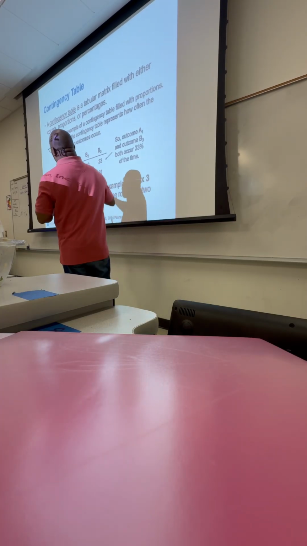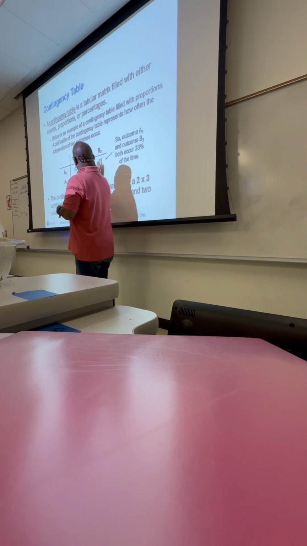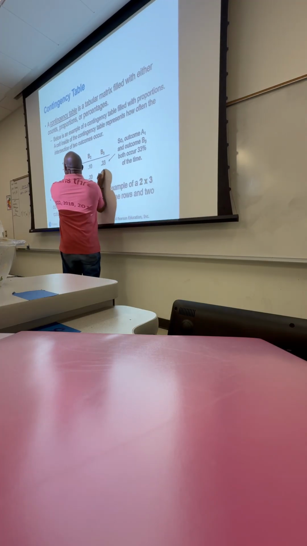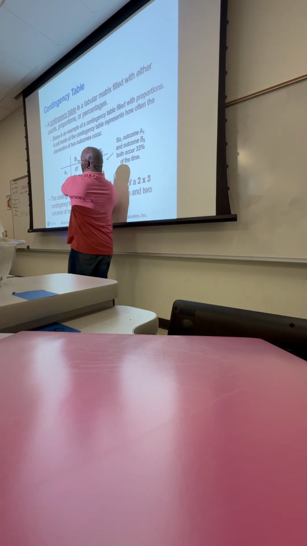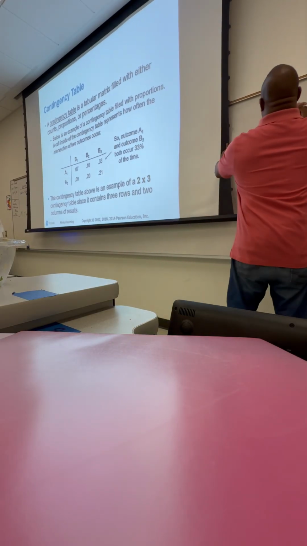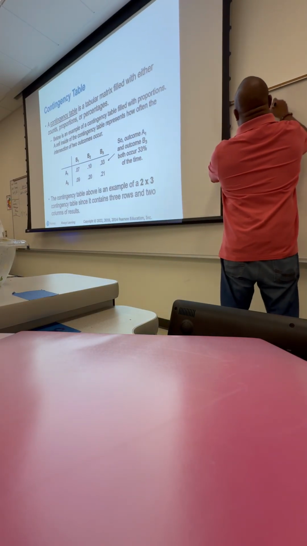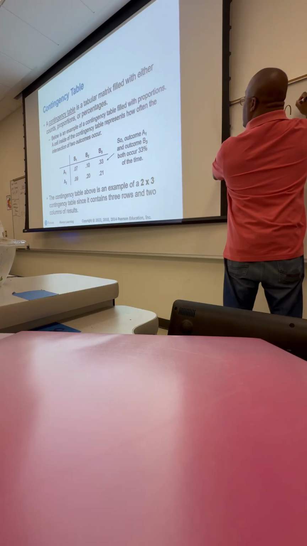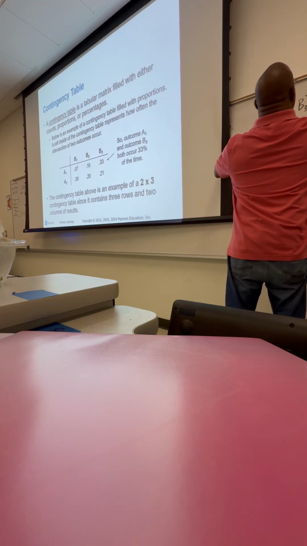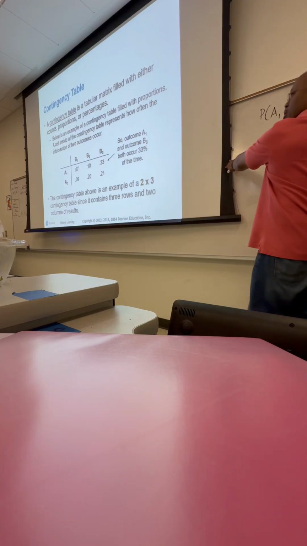For example, these are proportions. This 0.33 is the intersection of A1 and B3. We can use that as a probability. We would say the probability of A1 and B3 is 33% or 0.33. Is everybody with me?